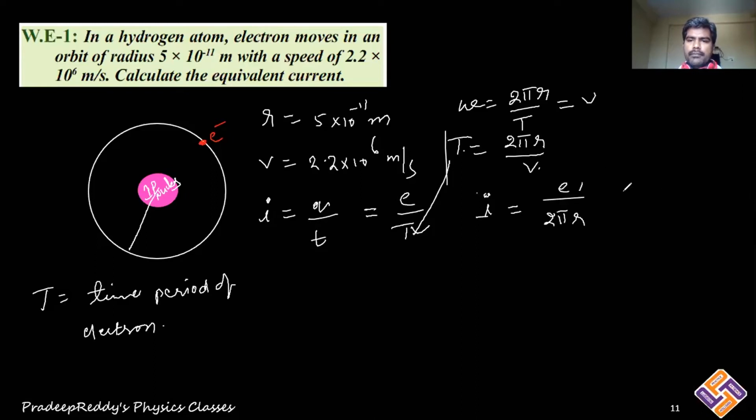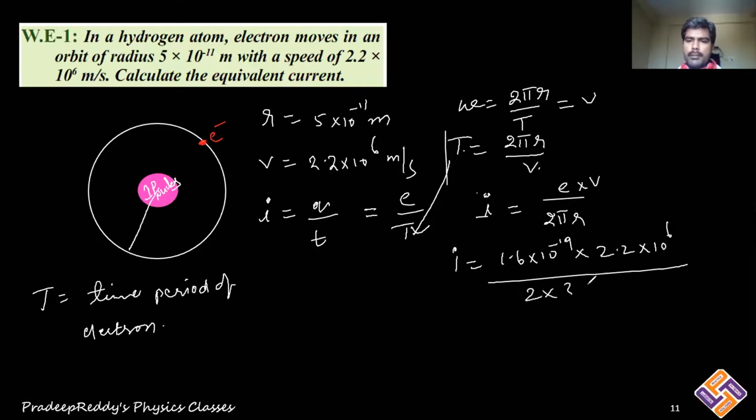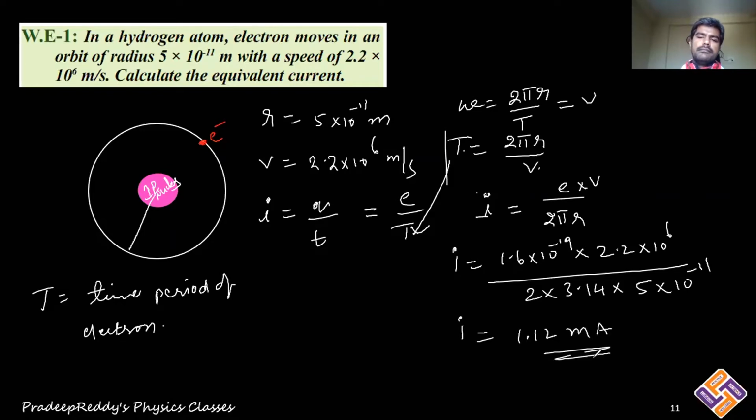Substituting, E is equal to 1.6 into 10 power minus 19, V is the velocity 2.2 into 10 power 6, divided by 2 into 3.14 into R, where R is the radius, 5 into 10 power minus 11. If you evaluate this, you will be getting 1.12 milliampere. That is the current in the circuit.